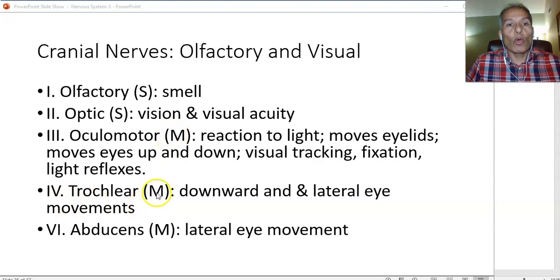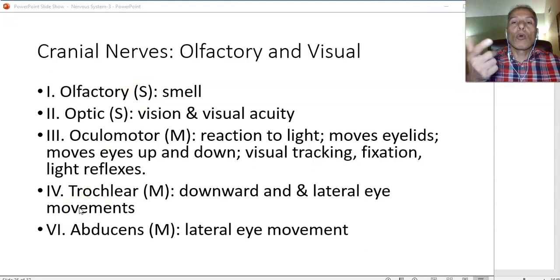The trochlear nerve, M here means motor, S means sensory, because these nerves are classified either sensory or motor or mixed. So it enables you to move the eyes downward and laterally, and the abducens enables you to move your eyes laterally as well.